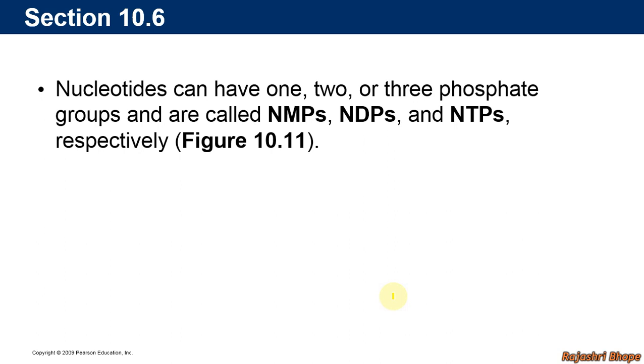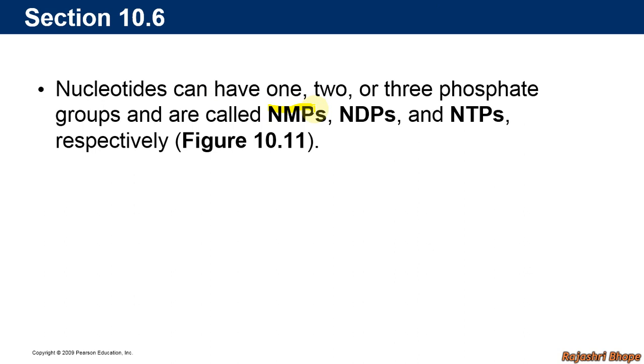Now, on the basis of the presence of phosphate groups, how many phosphate groups are present, 1 or 2 or 3, decides what type of nucleotide it is.